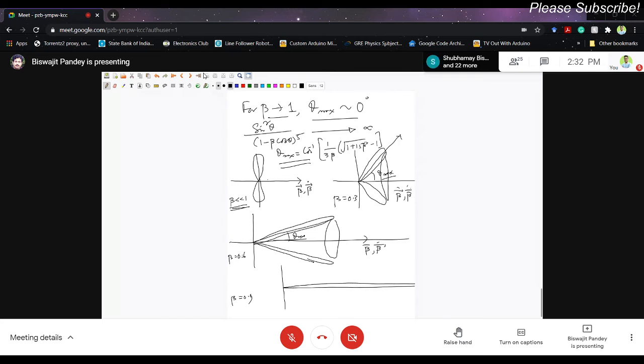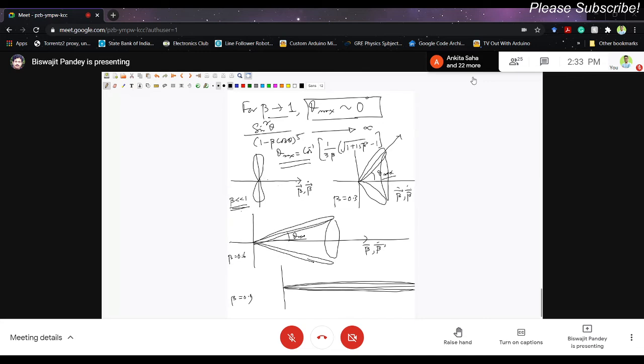It is very difficult to draw, because they will be very thin and very long, maybe 1 kilometer, 2 kilometers, very long distances. So this entire radiation pattern is confined in the forward direction that we have already discussed. The theta max will be around 0.